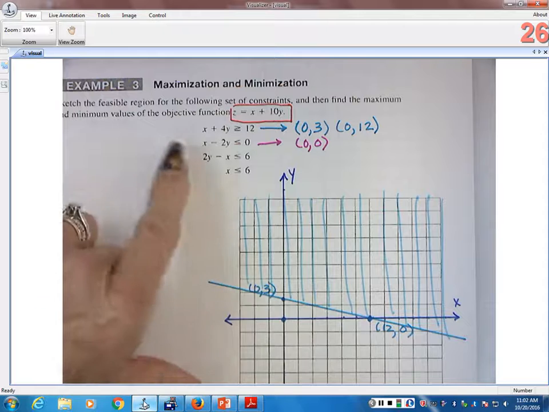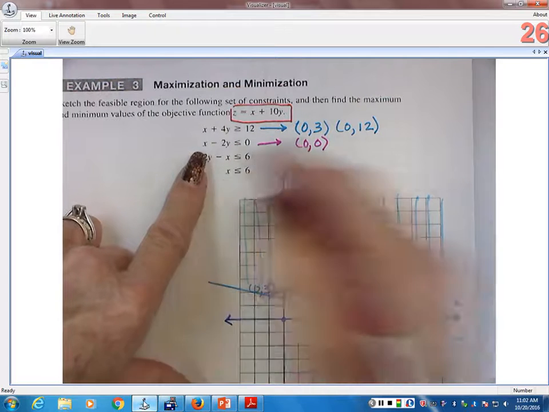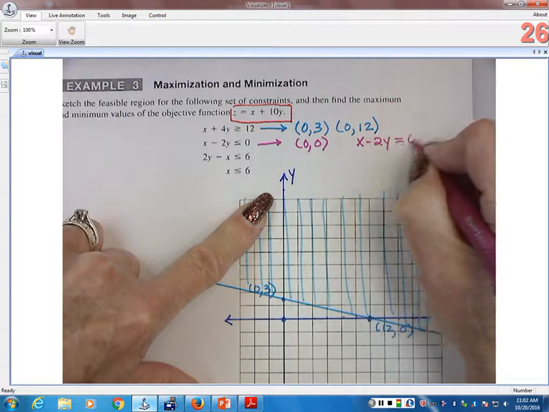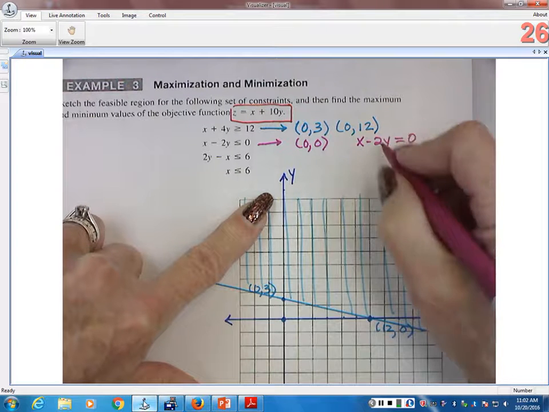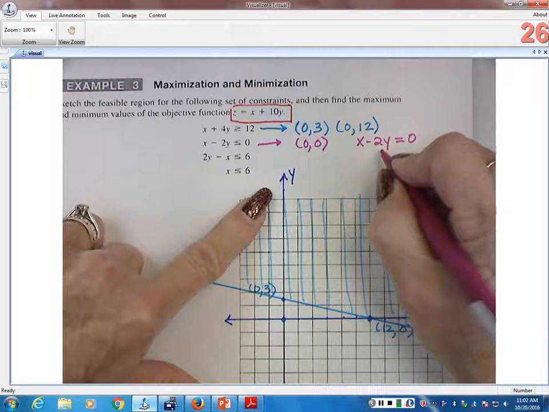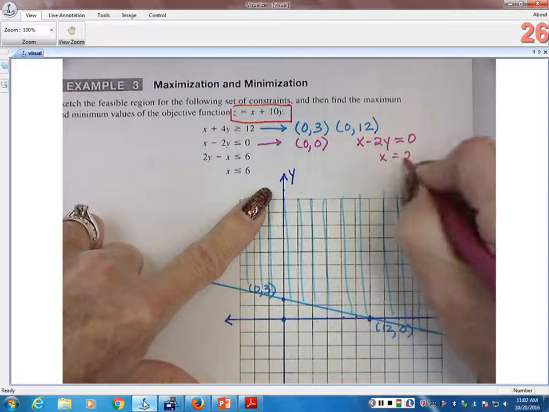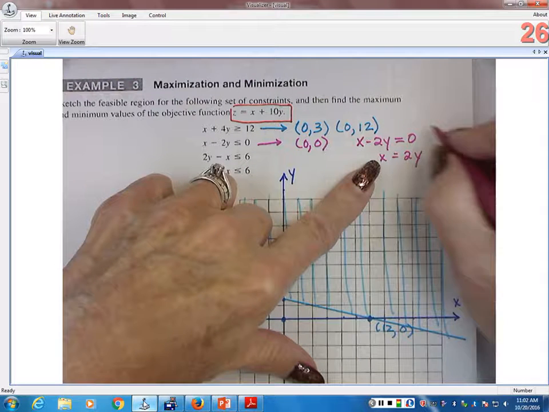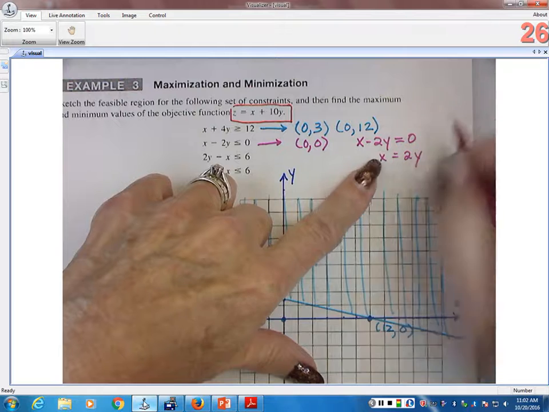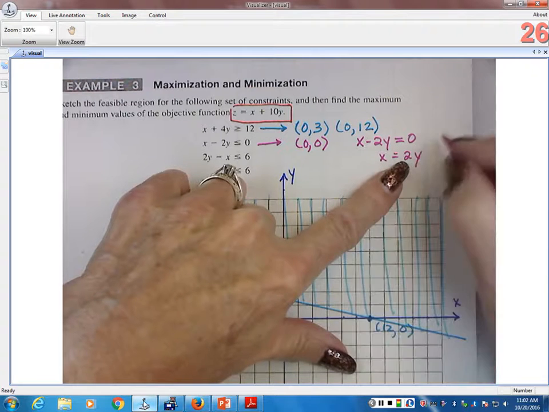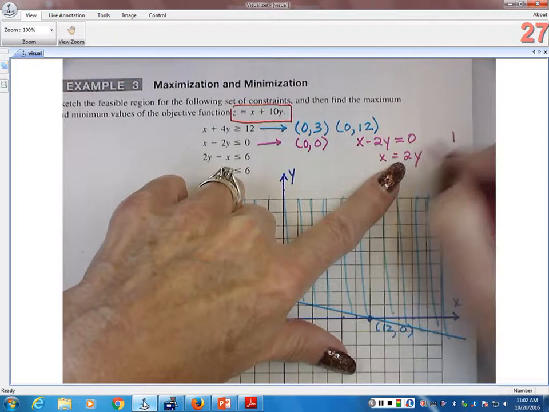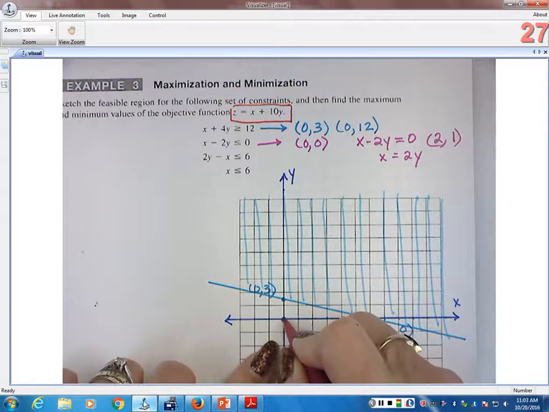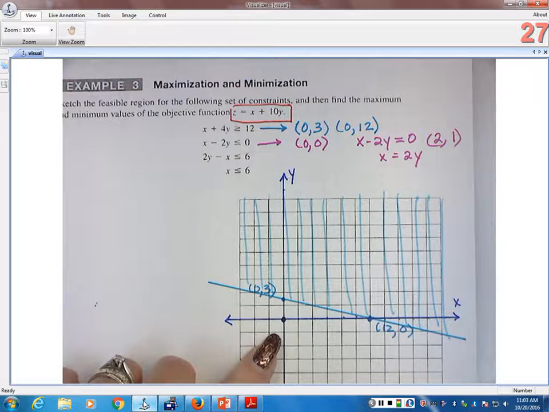The only way that I'm going to have x minus 2y equal to 0 is if x is equal to 2y. So let's pick y to be 1. 2 times 1 is 2, and x would be 2. So there's another point for us. The first point is 0, 0, and the next point is 2, 1.